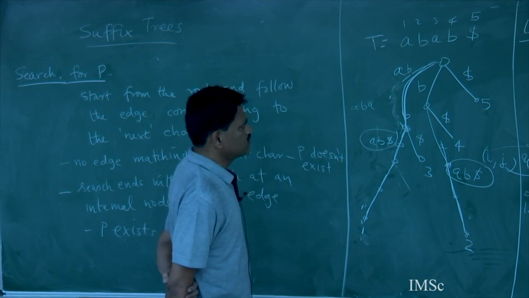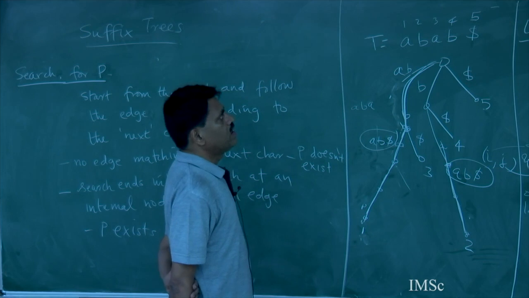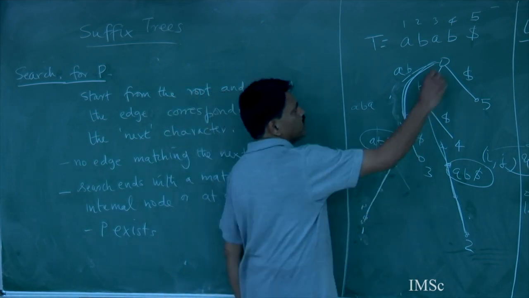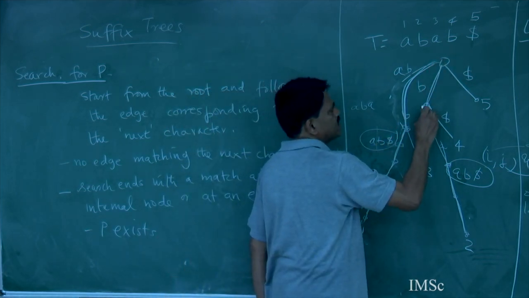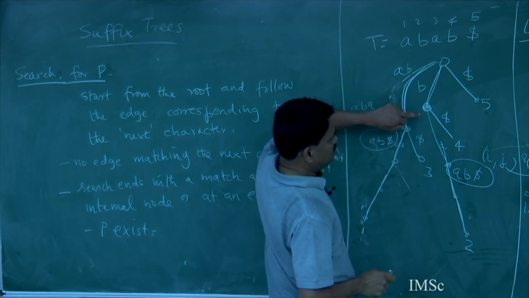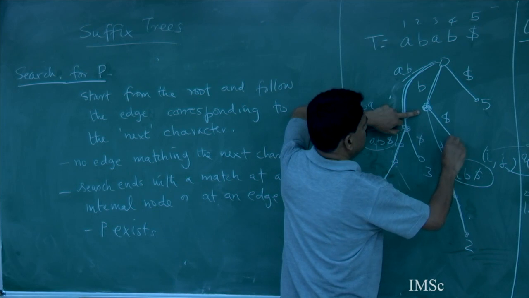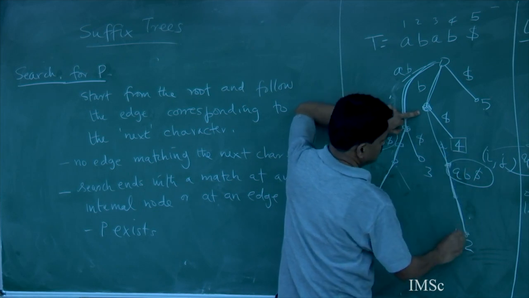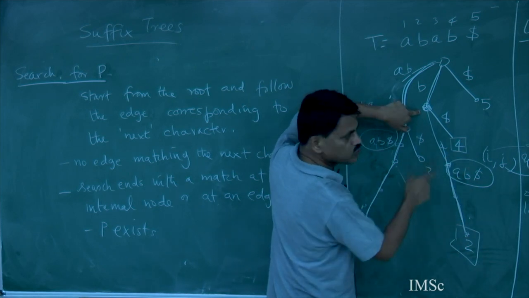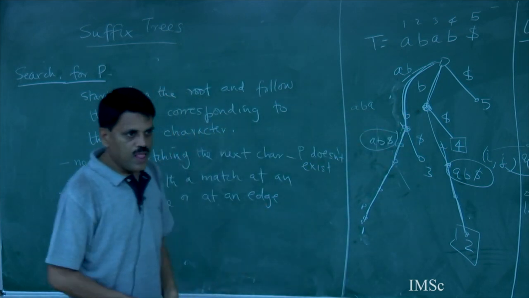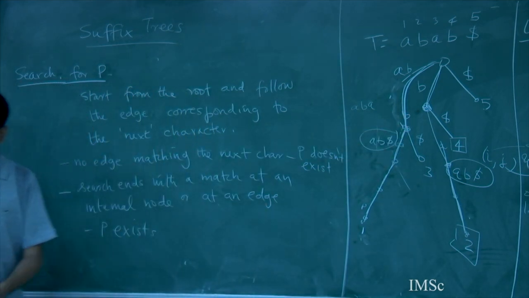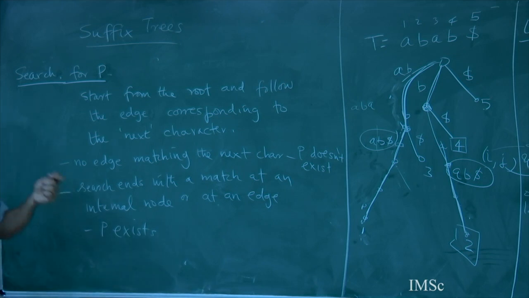So, if I am looking for example for B, then I follow through here, my search has ended, the pattern exists. Now, where is it ending? Well, you go to the leaves, so it is at position 4 and at position 2. So, the leaves of the subtree tell you the starting positions of the pattern.